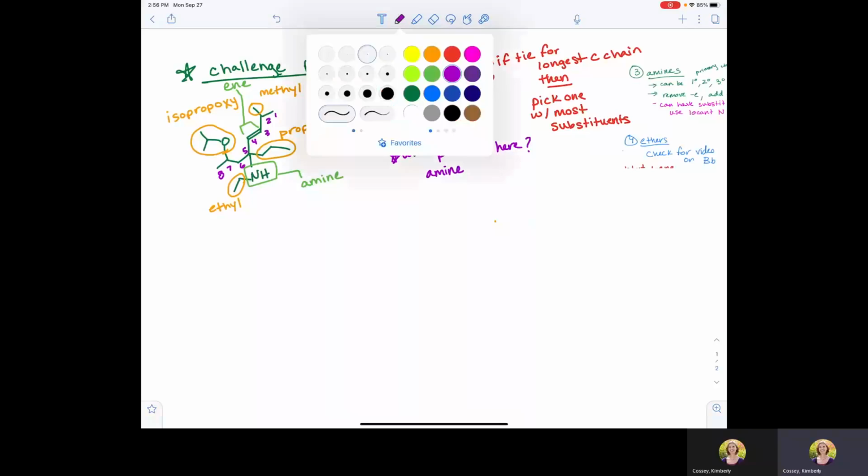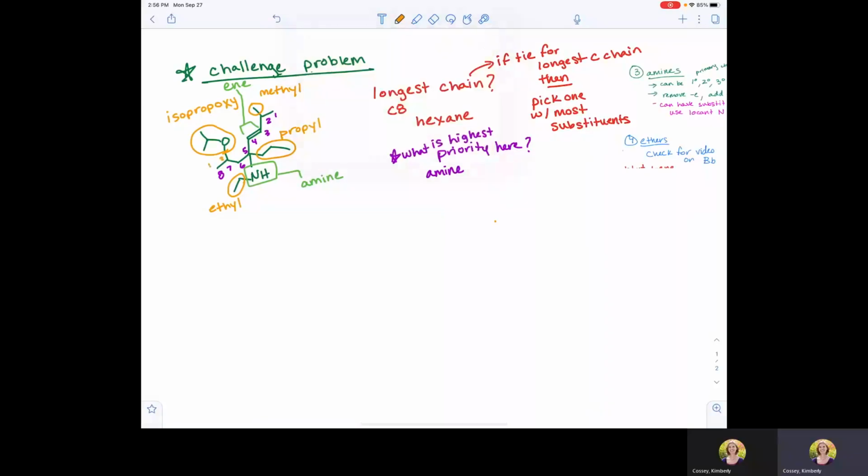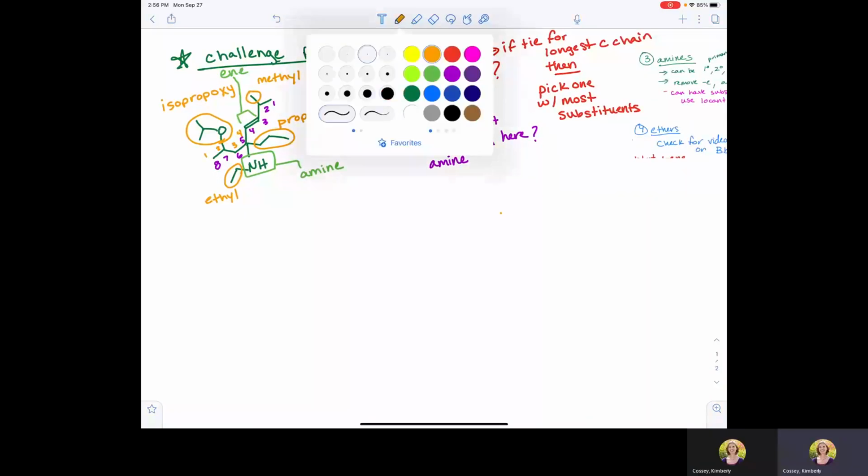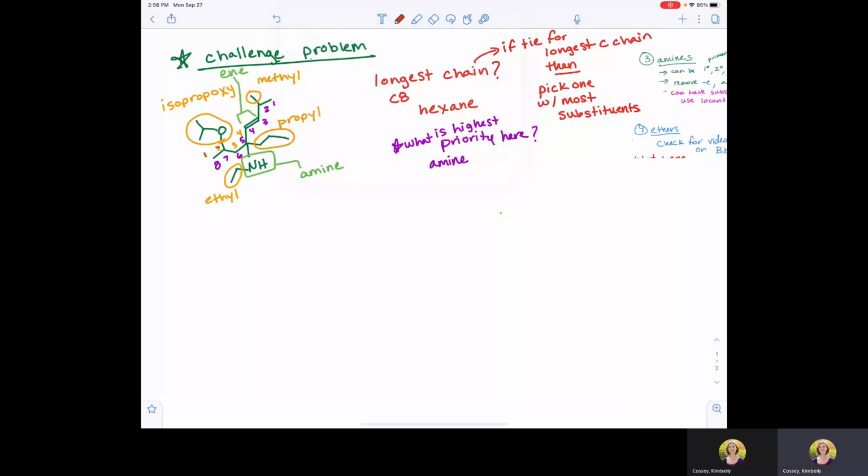If I go the other way, I get 1, 2, 3, 4. I'm going to put that in a better color though. It's hard to see. Do red. Sorry. 1, 2, 3, 4, 5, 6, 7, 8. Okay. So the one that gives the amine the lowest number is going to be 4. So that's the one we're going to pick.